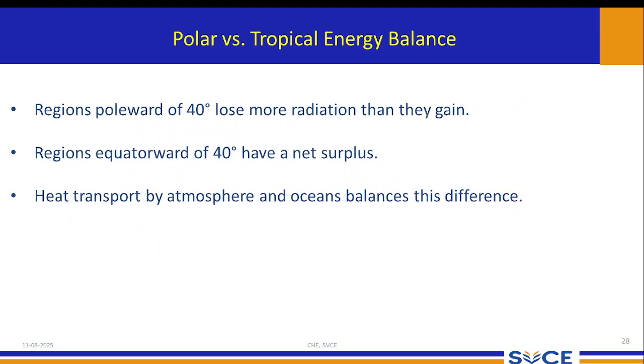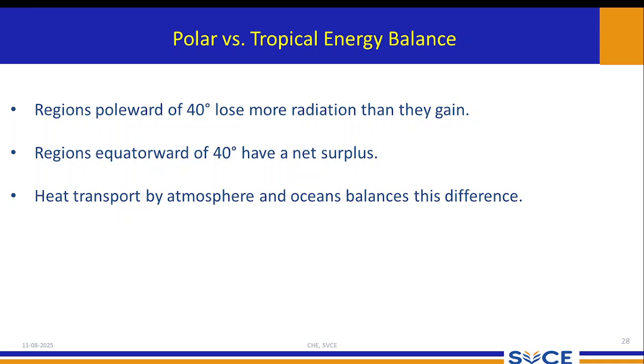Just imagine. Okay, and polar versus tropical energy balance. Regions poleward of 40° lose more radiation than they gain. Regions equatorward of 40° have a net surplus, with heat transported by the atmosphere and oceans. That means poleward, equatorward. So regions poleward of 40° lose more radiation, while regions equatorward of 40° have a net surplus.